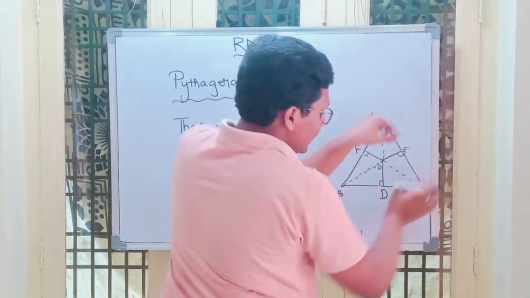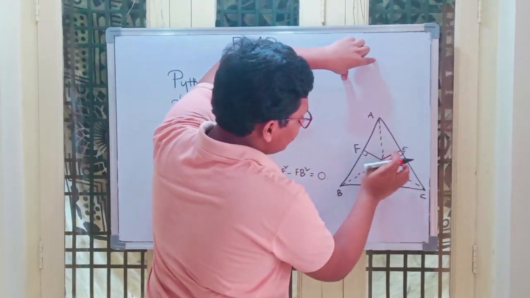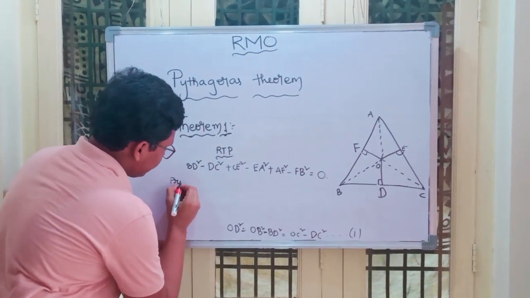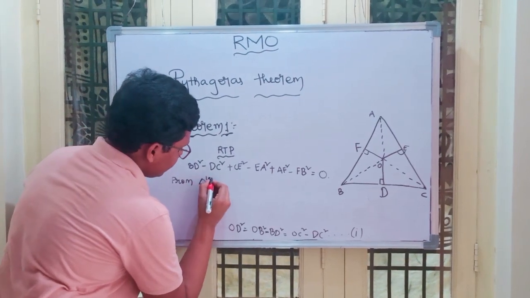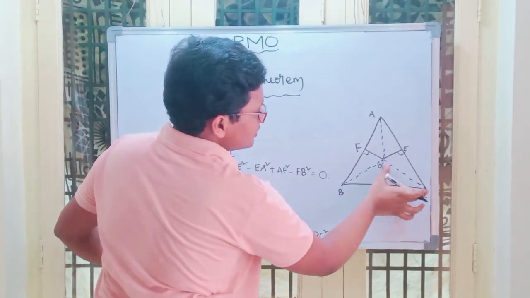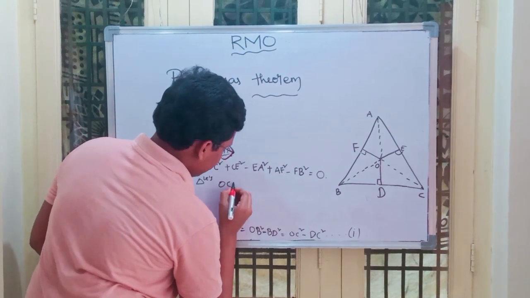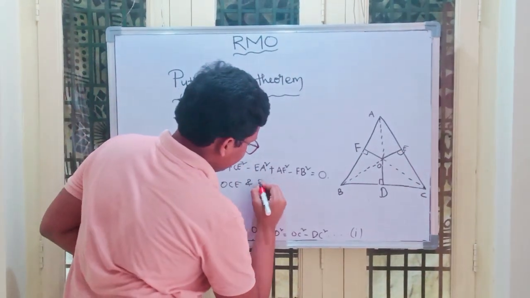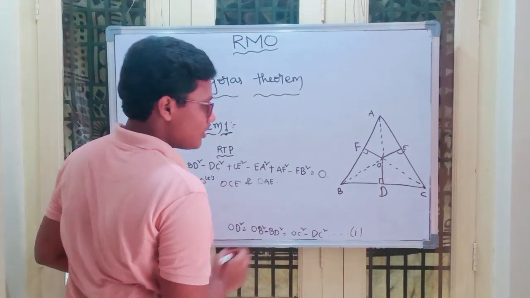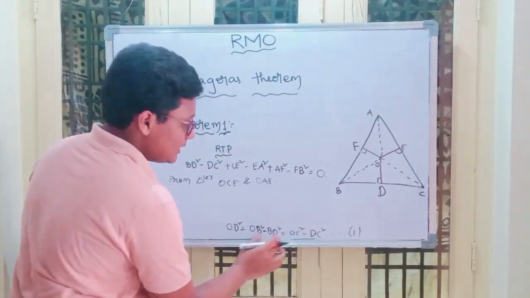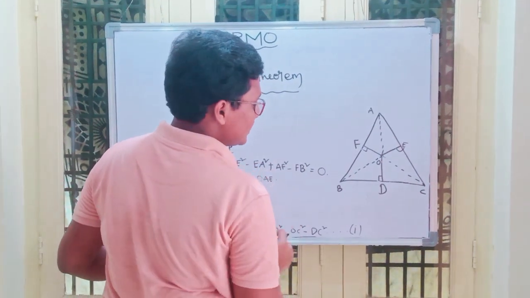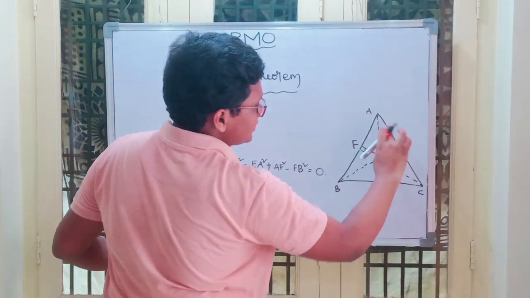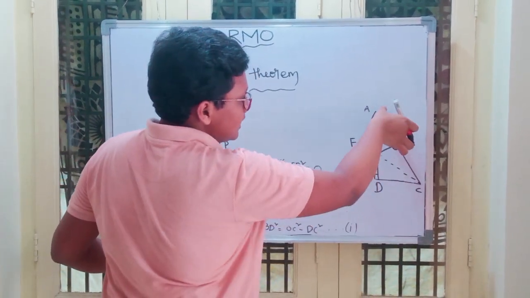From triangles OCE and OAE, by applying Pythagoras theorem here, we get OC square minus CE square is equal to OA square minus AE square.